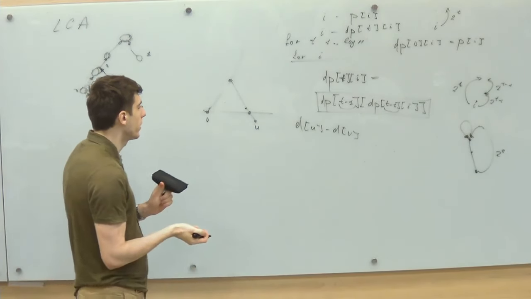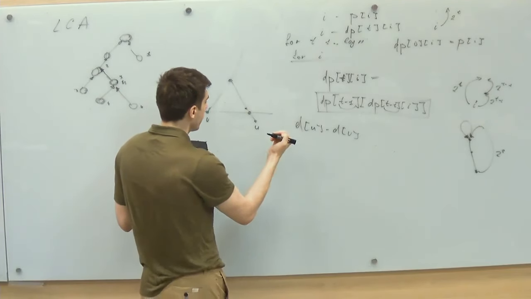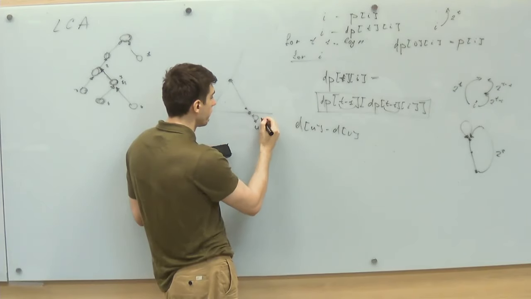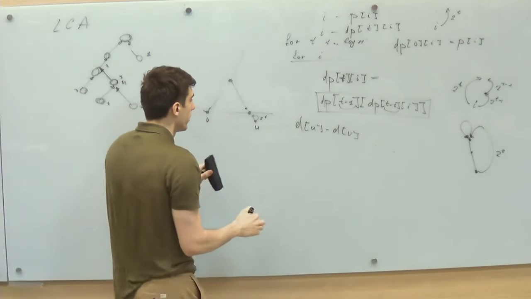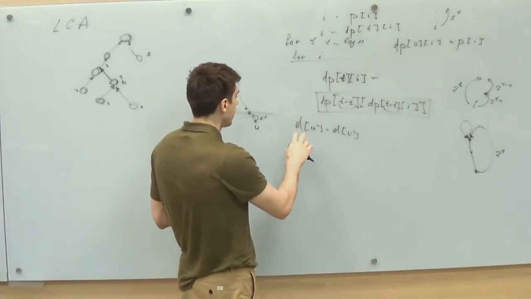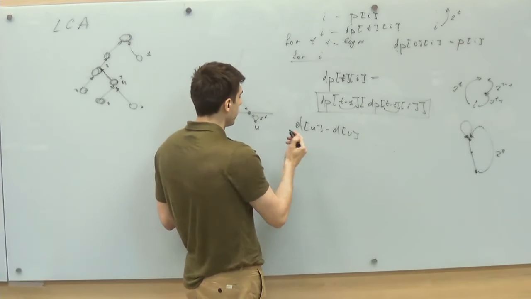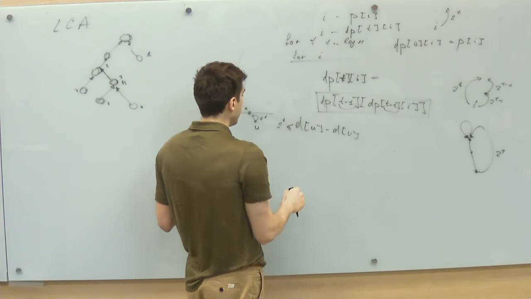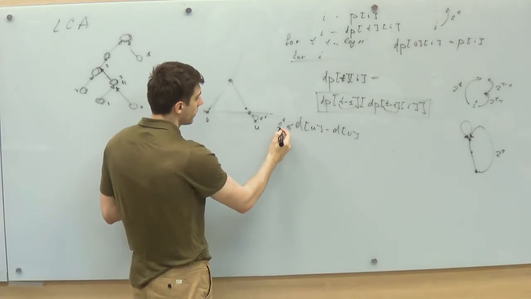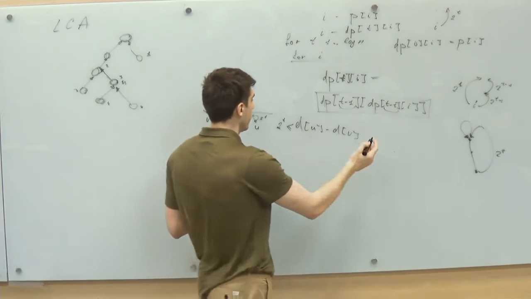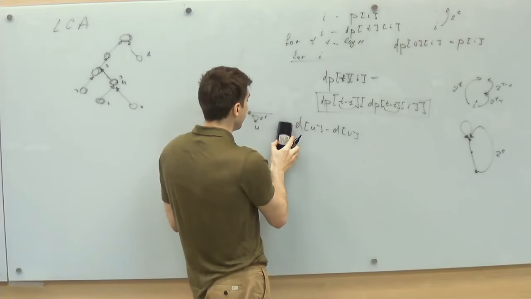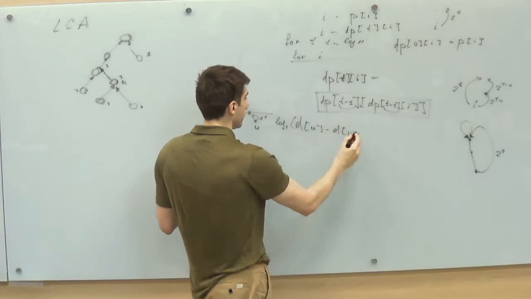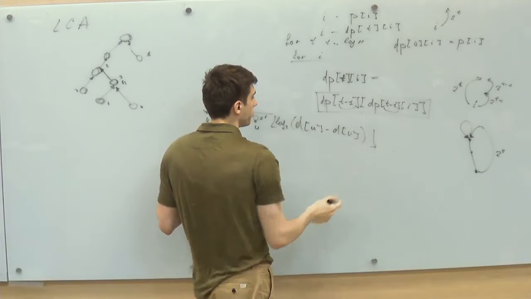And we can just use a binary step for some 2 power t, where t is the largest number such that 2 power t is not greater than this number. So t is just the binary logarithm of this value rounding down.